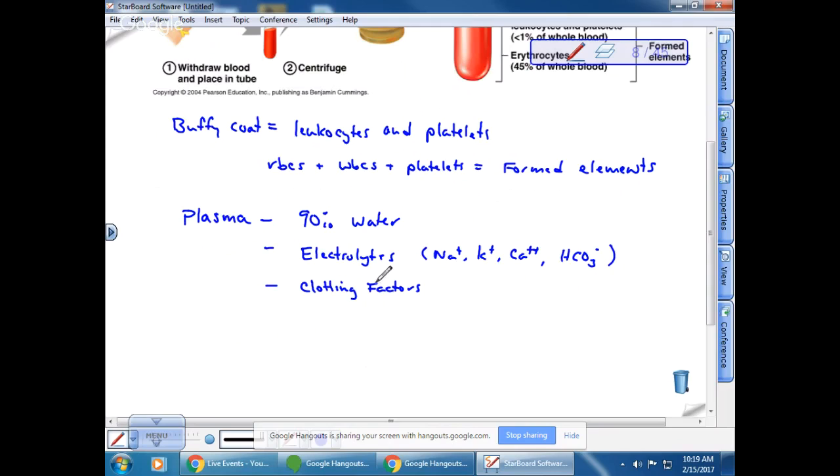The big clotting factor we have in our blood is called fibrinogen, and this is soluble in water. This fibrinogen can be converted, if necessary, to a protein called fibrin, and fibrin is insoluble in water.